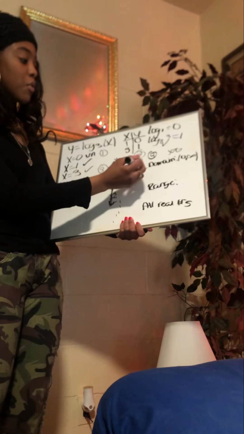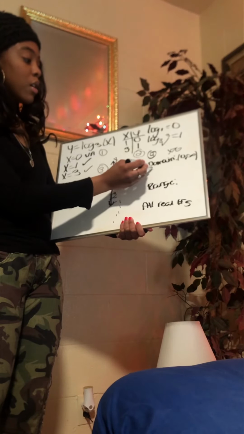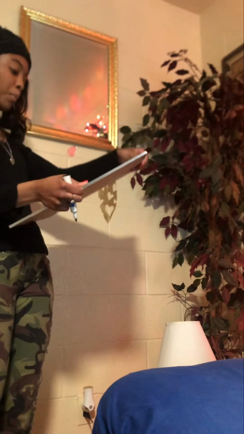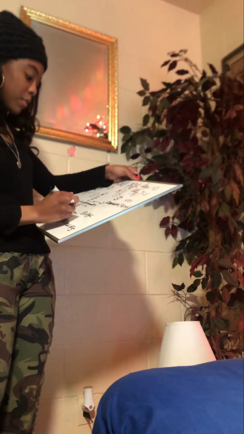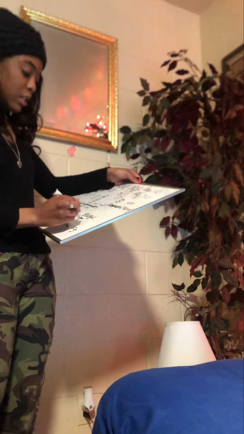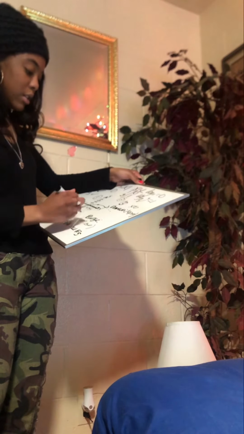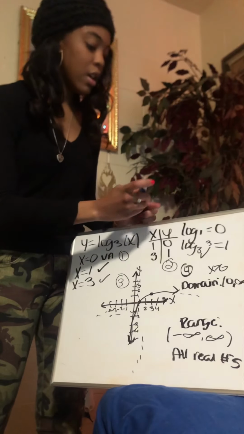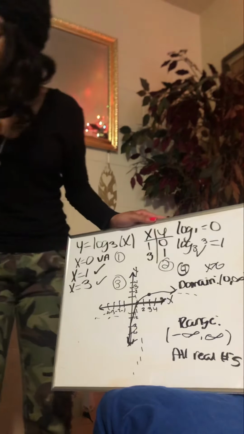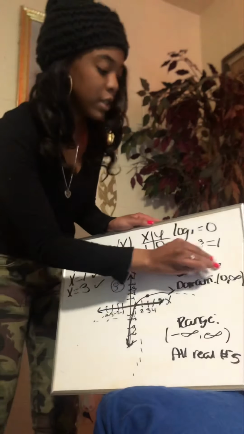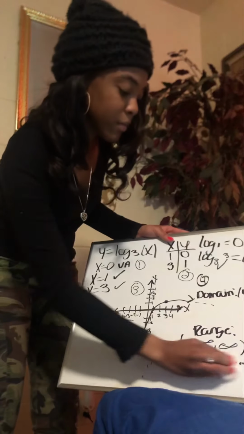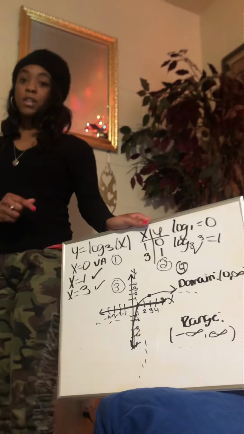If you look at this arrow right here, it's just gonna keep going. That's positive infinity. It goes on forever and ever. So negative infinity to positive infinity. You could say all real numbers, but I choose not to do that. And that's how you graph log equations.